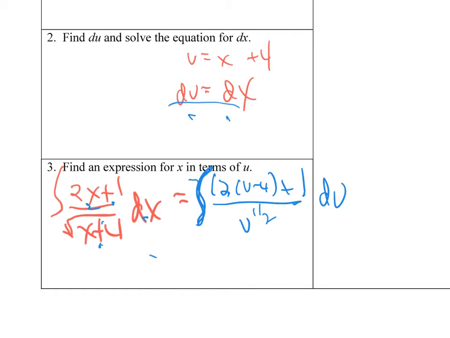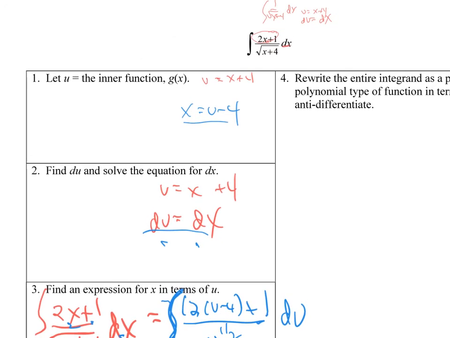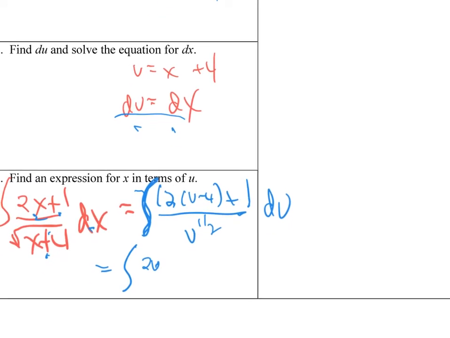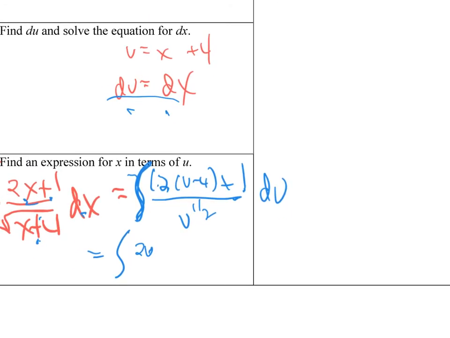So if I clean that up a little bit before I go to the next part, integrate 2u, and remember what I had. The x was a u minus 4. So I had a 2u minus 8 plus the 1 over u to the 1/2 du.